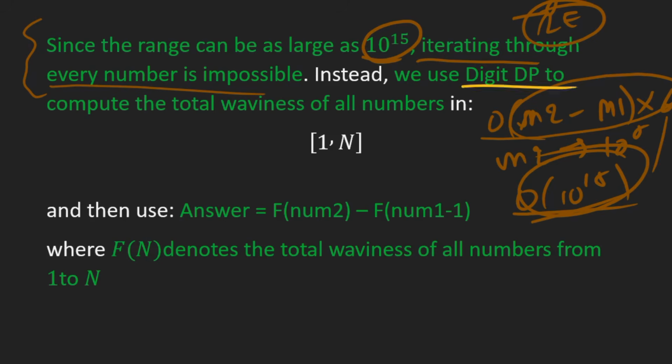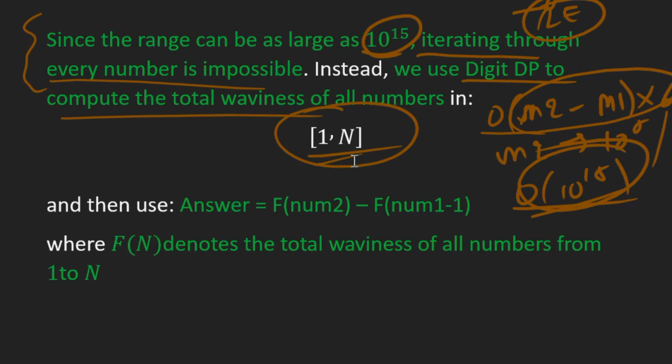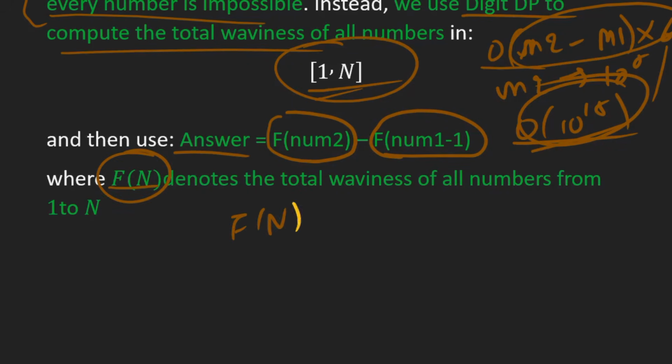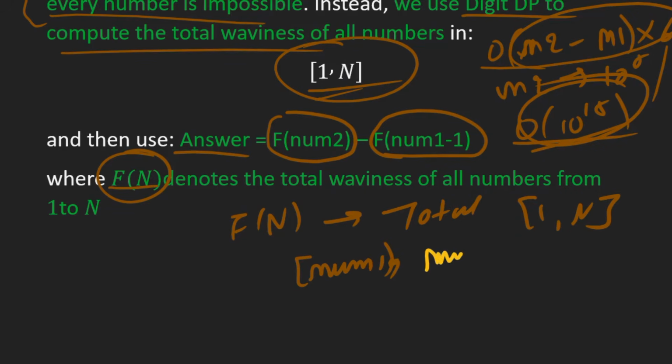So what we'll do is we'll use digit DP to compute the total waveness of all the numbers in the range 1 to n, right? And then our answer will be f of num2 minus f of num1 minus 1. Basically, f of n will give us the total waveness in the range 1 to n, and we need the waveness from num1 to num2.